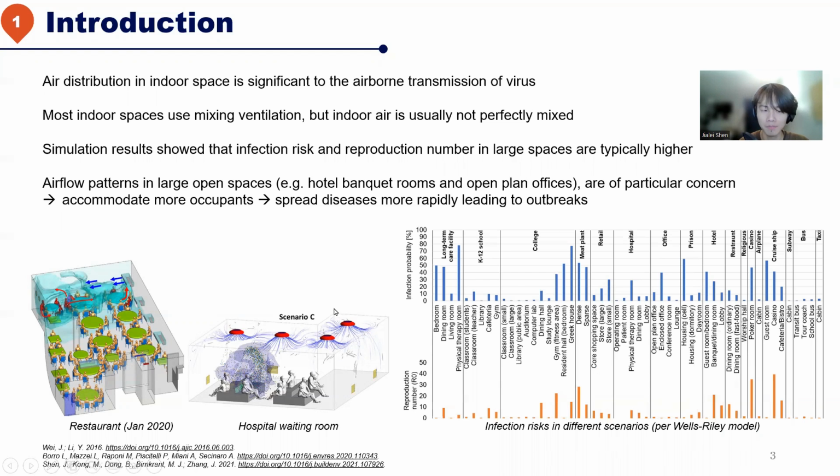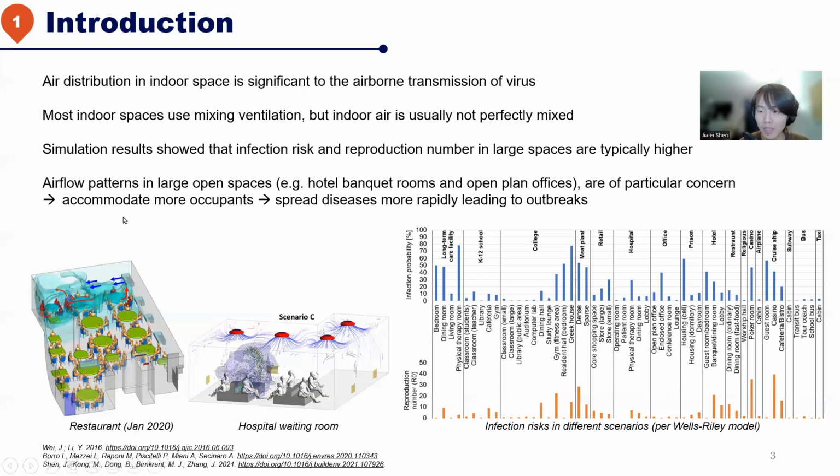This diagram shows the result of infection risk and the reproduction number of COVID-19 in different scenarios in different buildings. We can tell from the result that the reproduction number in larger spaces is typically higher than in other spaces, which means the airflow pattern in large open spaces is more important.